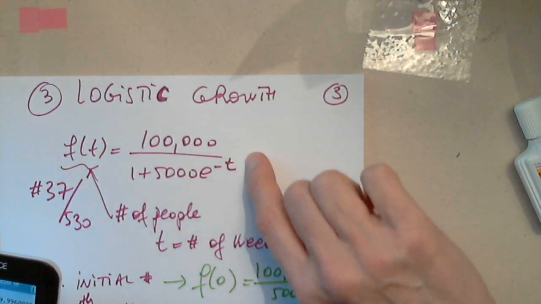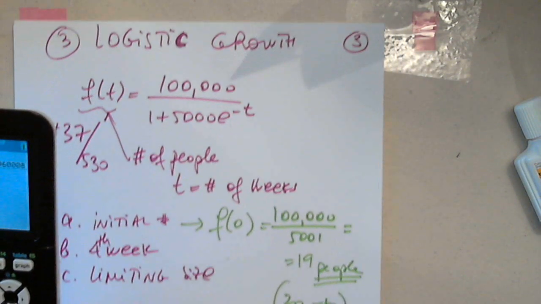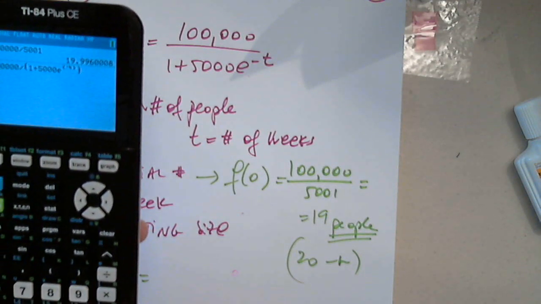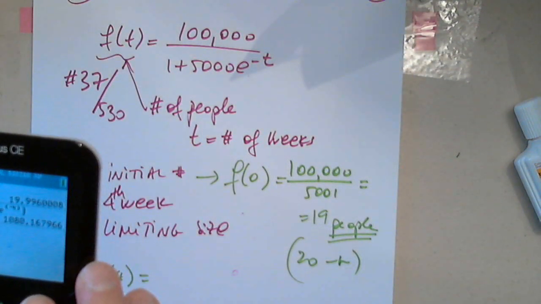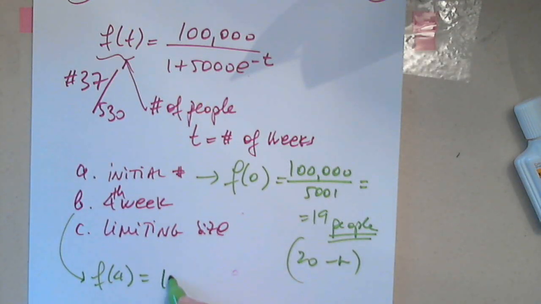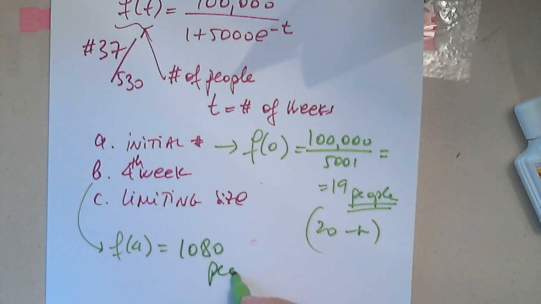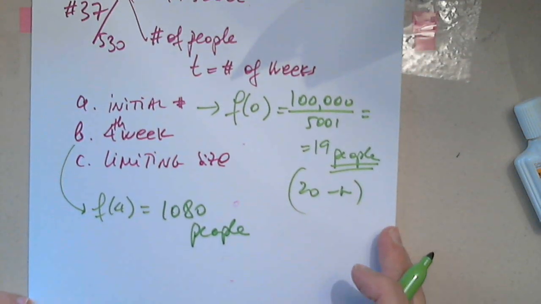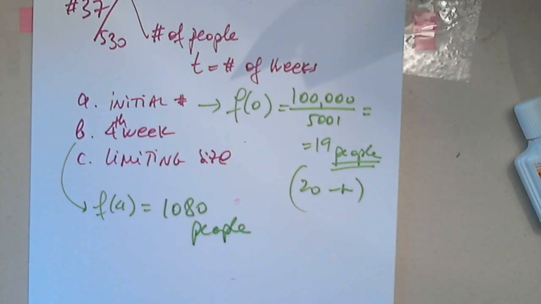Remember, we need parentheses around the denominator. So close the parenthesis for the denominator, and I press enter, and I have 1,080 people. So 1,080 people were sick by the end of the 4th week. That's why we stay indoors.